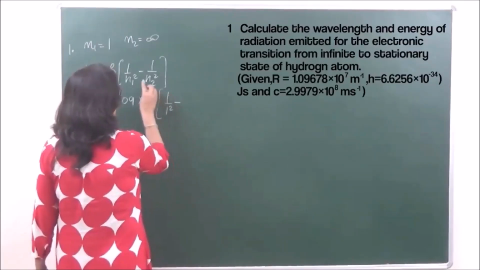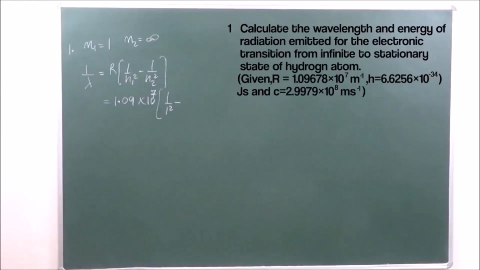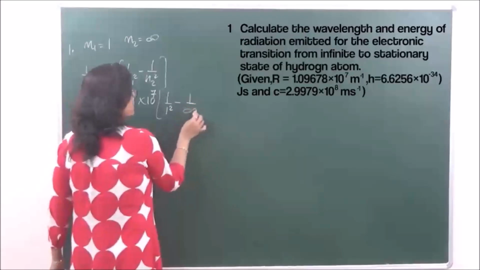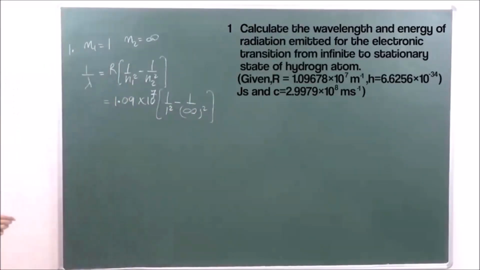Here 1 upon n1 square is 1 upon 1 square, and at infinity, 1 upon n2 square is 1 upon infinity square. So when you calculate, 1 upon infinity will become equal to 0.